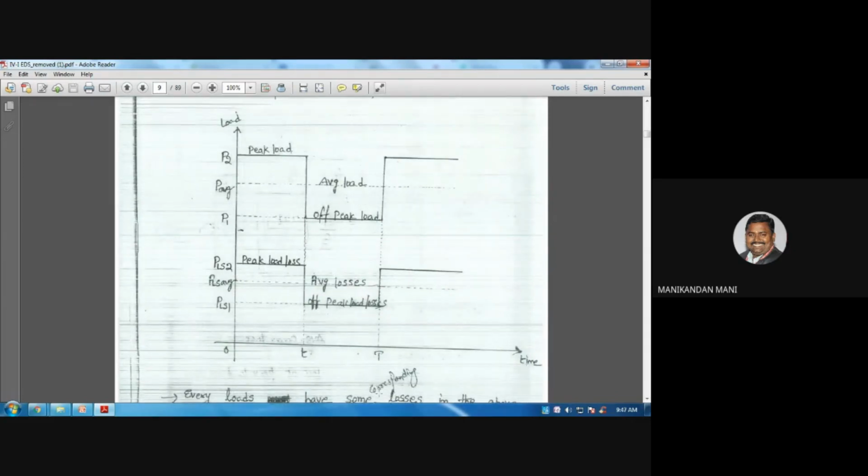Okay, so here the time taken and the load and loss are taken on the x-axis and y-axis. In the first interval, the peak load is denoted by P2, and P1 is the half peak load. Again and again I am telling you, half peak load does not mean there is no load. Half peak load means the load is not in the peak condition, the load is there, right?